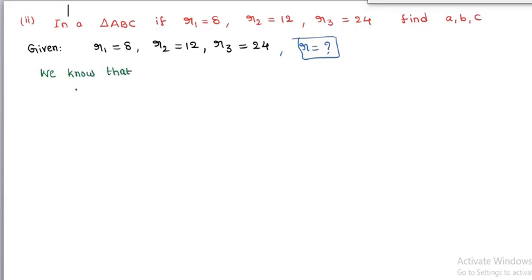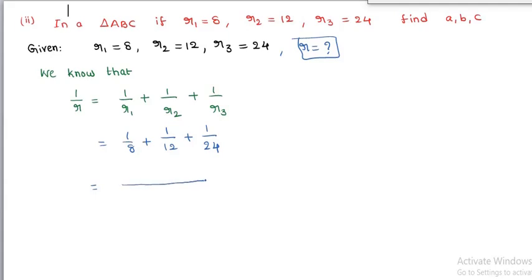We know that 1 by R is equal to 1 by R1 plus 1 by R2 plus 1 by R3. So substitute the values: 1 by 8, 1 by 12, 1 by 24.